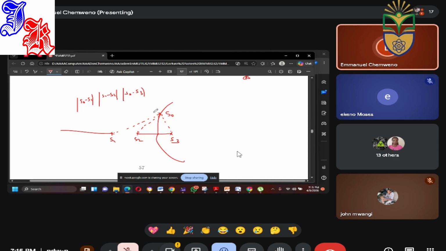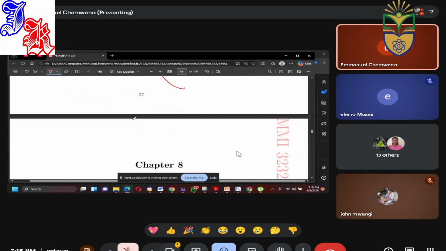So at any point, you can get the gain. And if we had zeros, it would have been S naught minus Z1, and minus P1 if we had poles. But for this case, we don't have zeros.